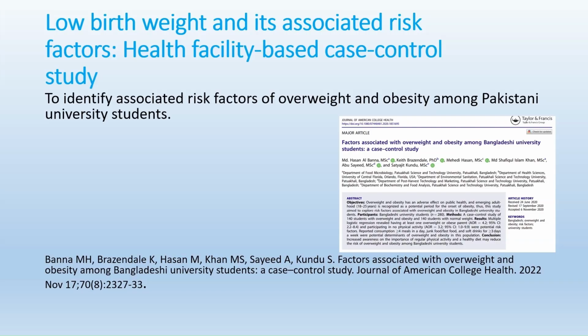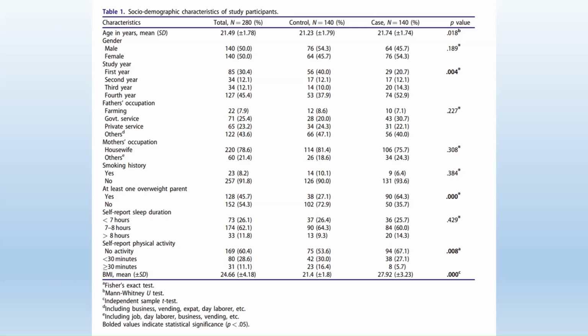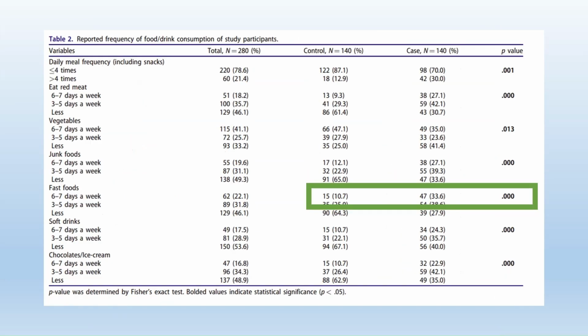We consider this study for the reference article. Here, Table 1 of this article gives the socio-demographic characteristics of the participants, and the second table reports the frequency of food and drink consumption of the study participants.